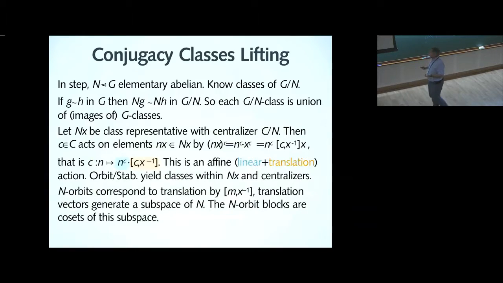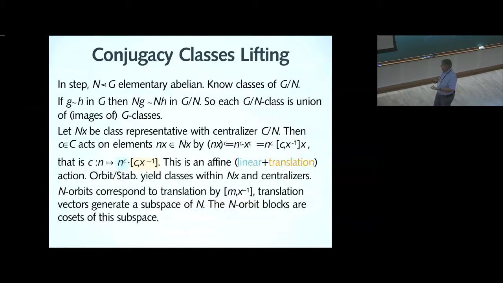So what we simply have is an affine action of the centralizer on n, and we calculate orbits and stabilizers using the fact that n is a normal subgroup, which I had on the slide two slides ago. Orbits and stabilizers will correspond to conjugacy classes.